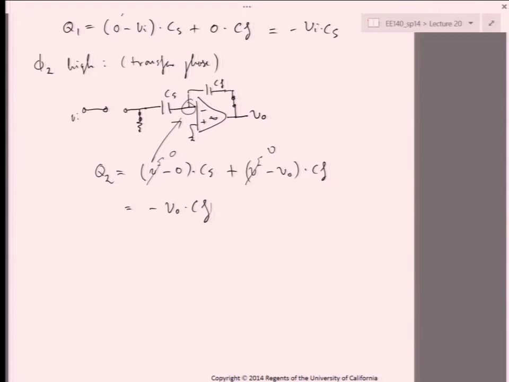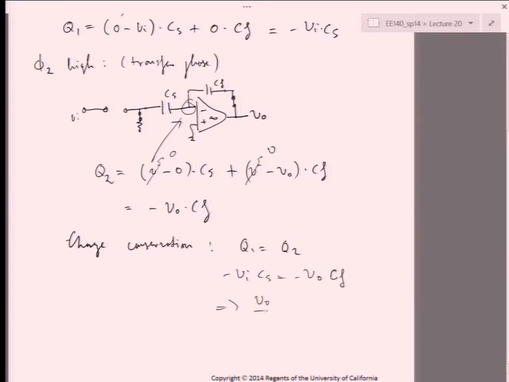But so if you say that charge conservation gives you Q1 equals Q2, then you have minus VI CS equals minus VO CF.